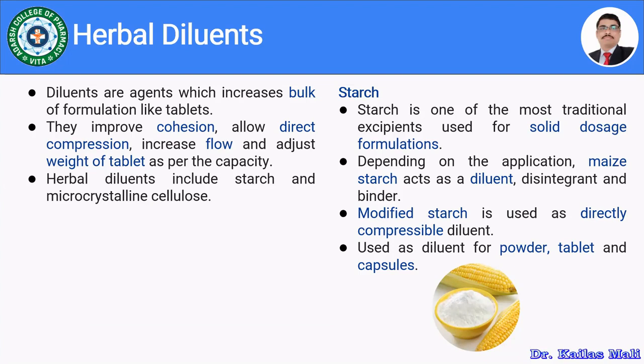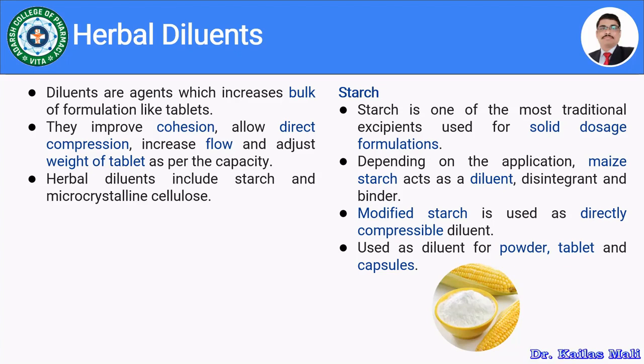They promote cohesion, allow direct compression, and increase the flowability of the powder bed. Furthermore, it is possible to adjust the weight of the formulation with the help of diluents. So the herbal diluents include starch and microcrystalline cellulose.